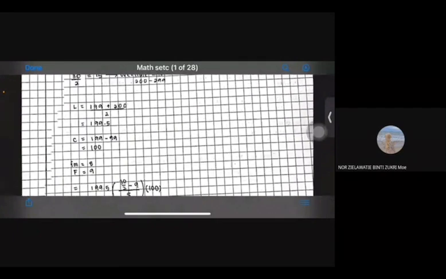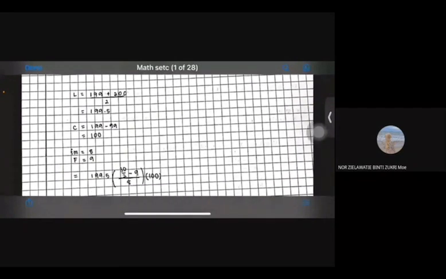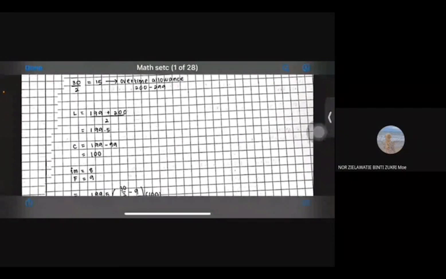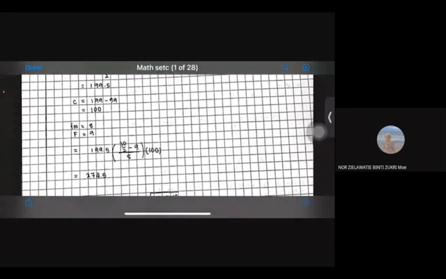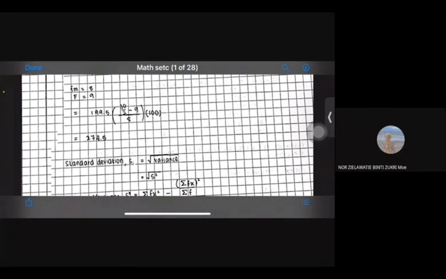So we insert all of the information into the formula: 199.5 plus (30 divided by 2 minus 9) over 8, times 100. So we got 274.5.